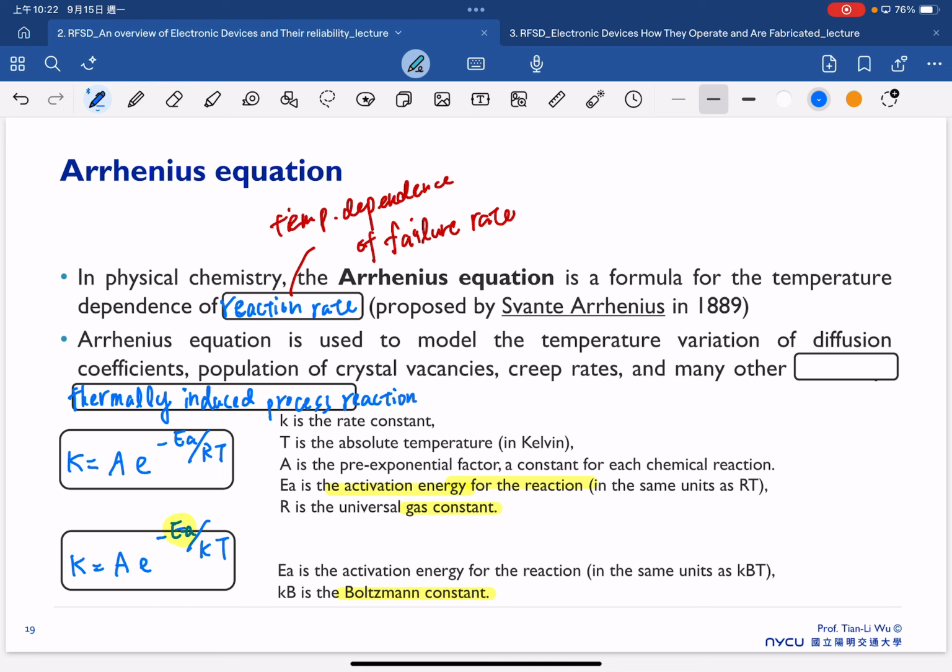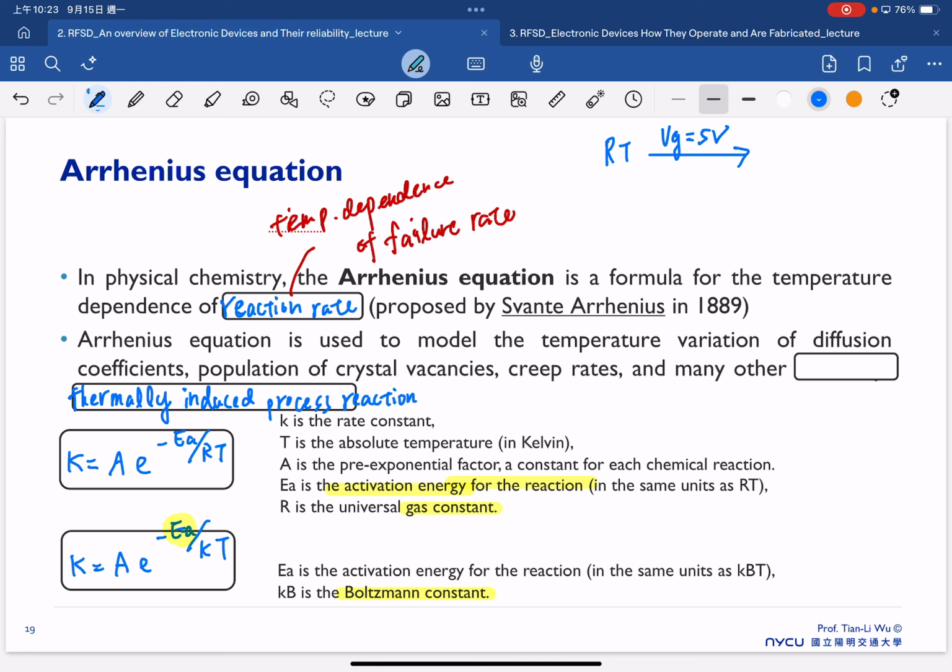In the previous lecture we mentioned that if we want to understand one product lifetime, for sure the first thing we come up with is to bias this semiconductor at room temperature at one particular condition, for example VG equal to 5 volt.